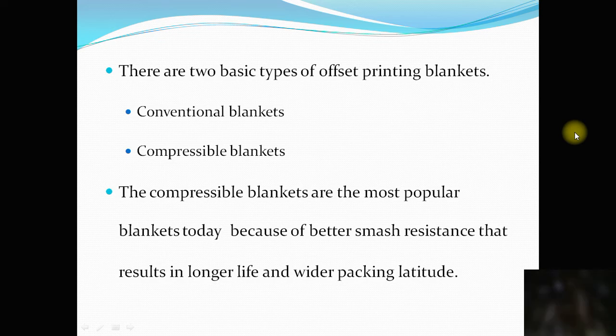But nowadays, everybody is using compressible blankets. Because of the compressible blanket, the print quality improved, and many other problems like low spots and blanket damage were also reduced. That's why nowadays we use compressible blankets.